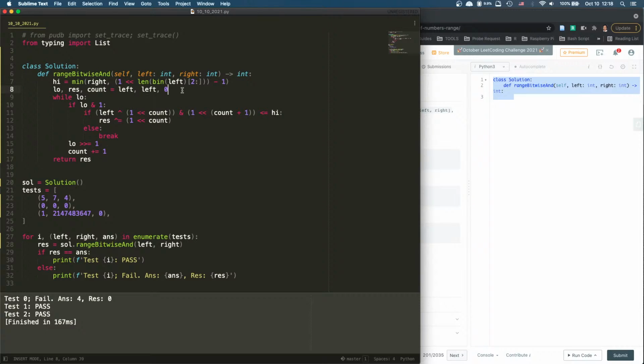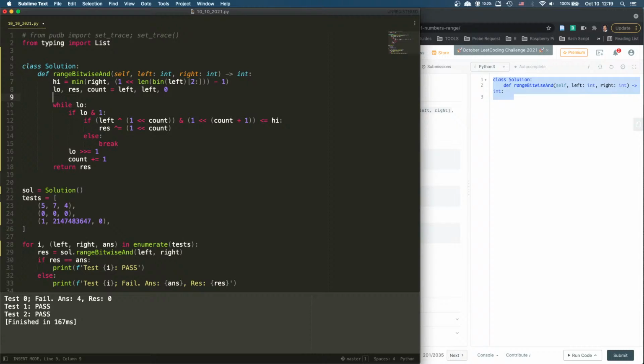Okay, so high. So I got it. So the result shall be 4, right? Why would be 0? So the high, let's print out high. High is definitely, high shall be 7, right? So we print high. High is 7, that's good.